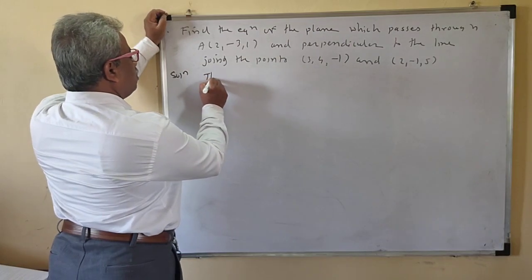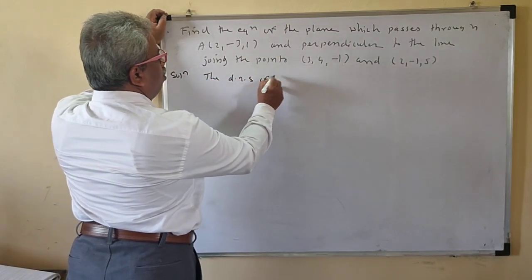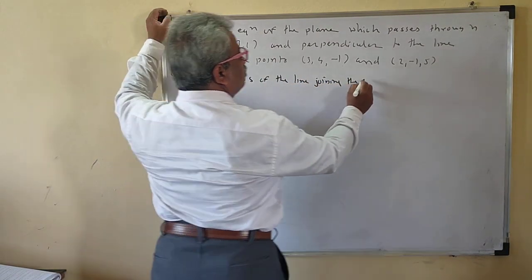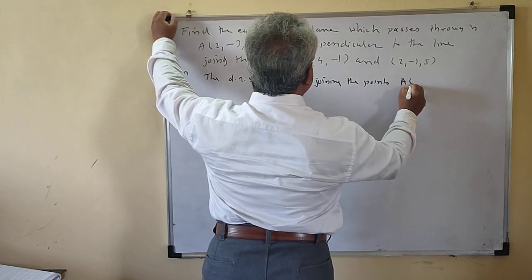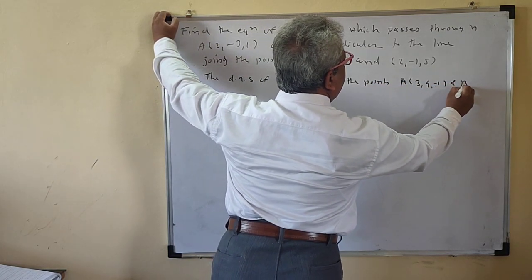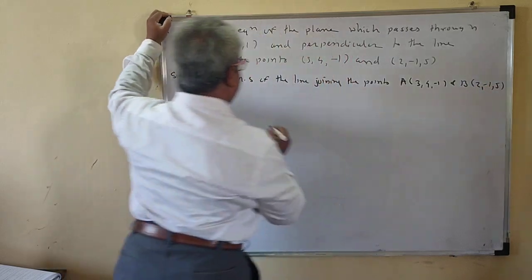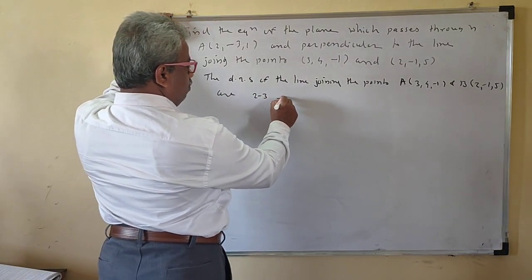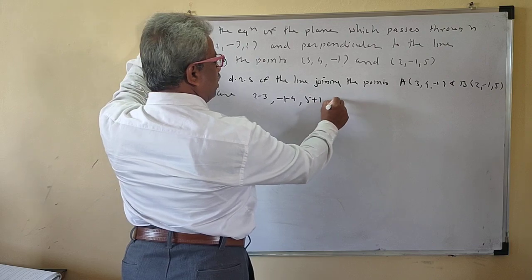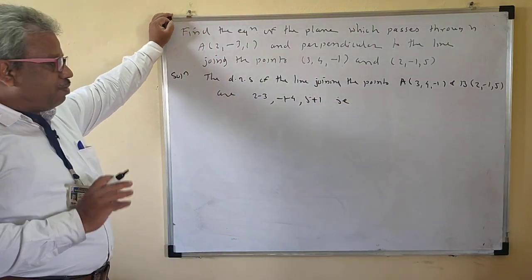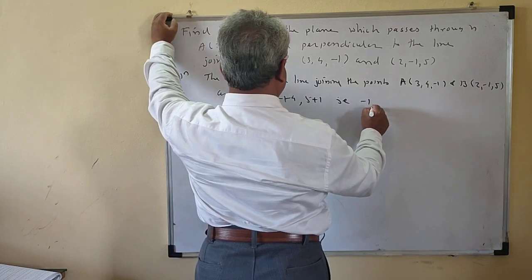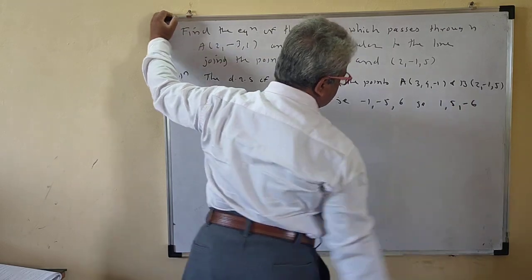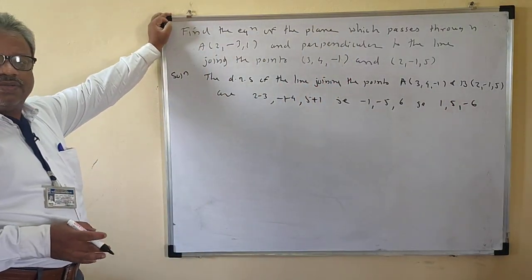The DRs of the line joining the points A(3, 4, -1) and B(2, -1, 5) are 2 minus 3, minus 1 minus 4, 5 plus 1, that is, I have subtracted A from B. So this is minus 1, minus 5, 6, and I can write this as 1, 5, minus 6, because there are two negatives.